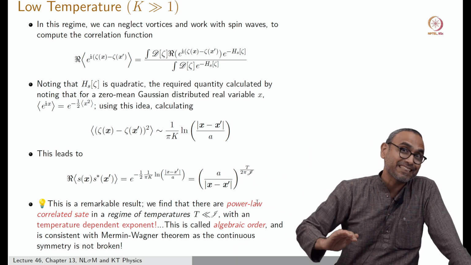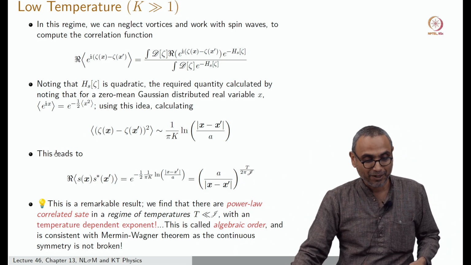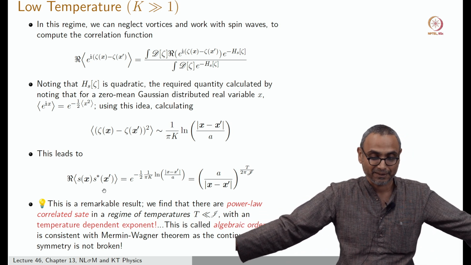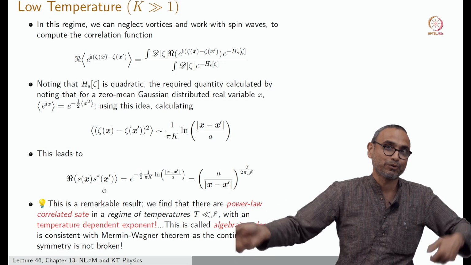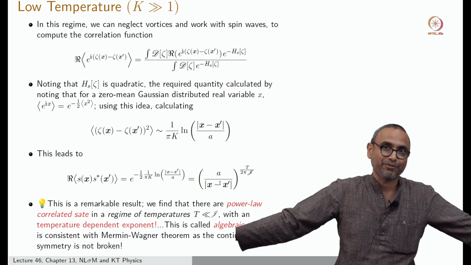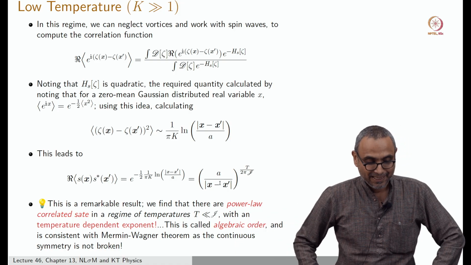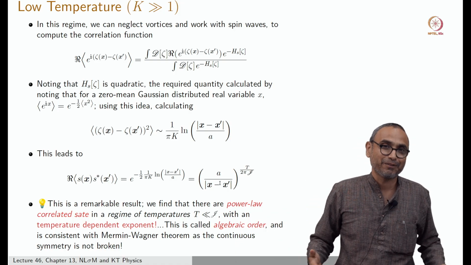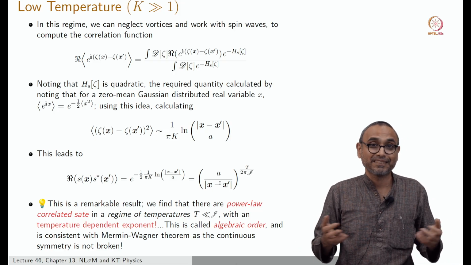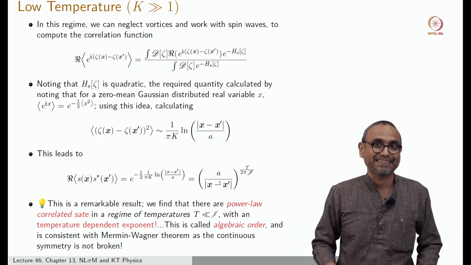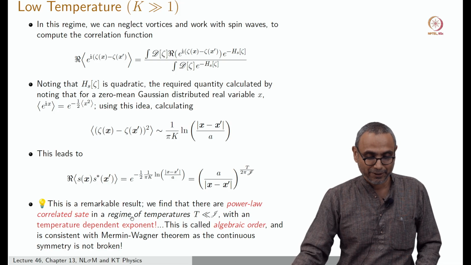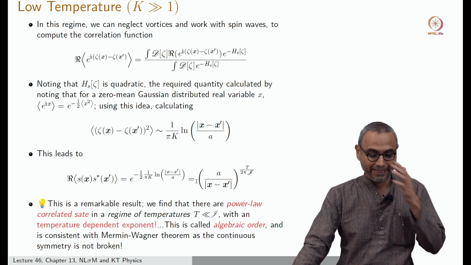What Mermin-Wagner theorem tells you is that this can't have a finite expectation value at infinite distance apart. Right? If you had that, then you would say there's broken symmetry. It goes to 0 when distance goes far away. So there is no violation of Mermin-Wagner theorem. But Mermin-Wagner theorem does not disallow power law correlated states, right? And therefore, this is well within Mermin-Wagner theorem, and you get this very nice power law correlation.